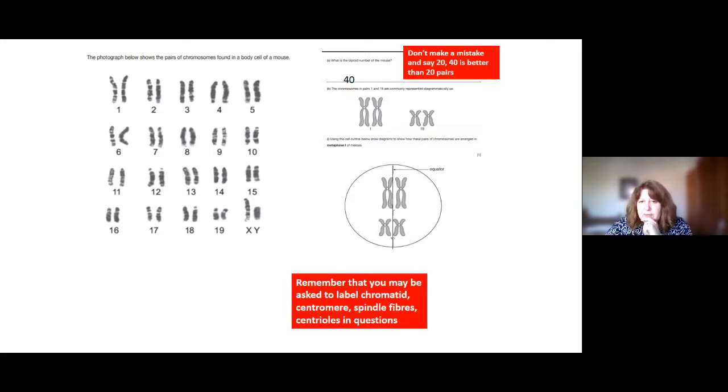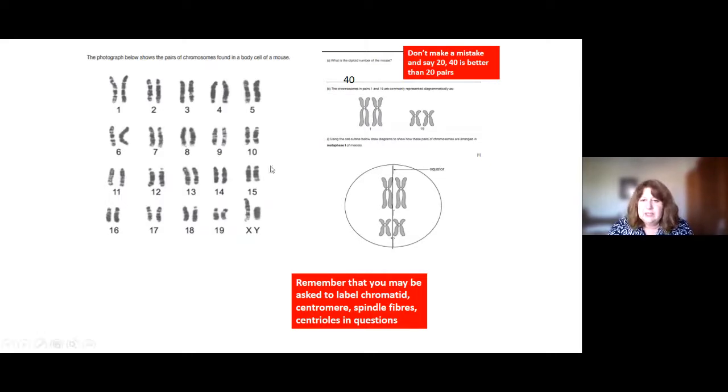The question says you need to draw diagrams, but it doesn't say anything about labeling. There are other questions that will say label. Sometimes you might think, what have I got to label altogether? Well, label as much as you can accurately. You've got an equator, you might have a spindle, you might have centrioles.